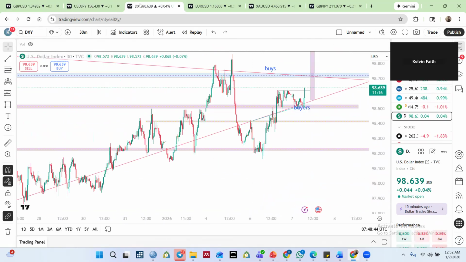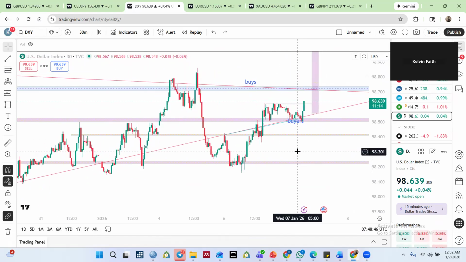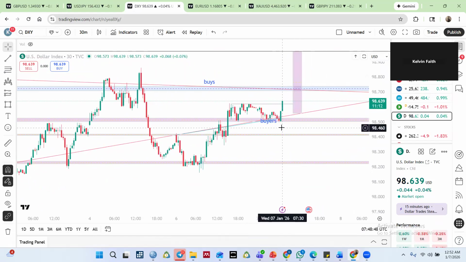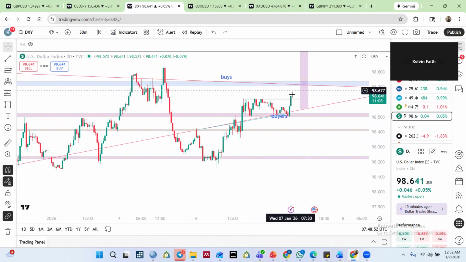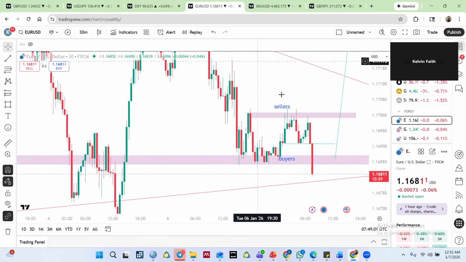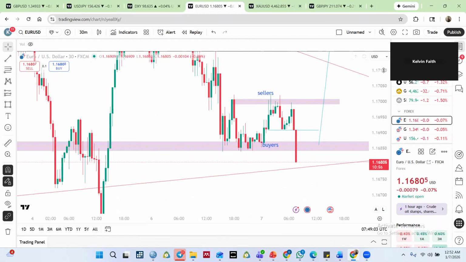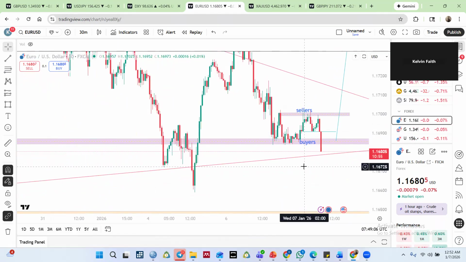So I want to go back to the DXY and see. The DXY is breaking up real big. It's breaking those sellers, which means Euro USD should be breaking down also. Oh my God, so Euro USD is doing that job.